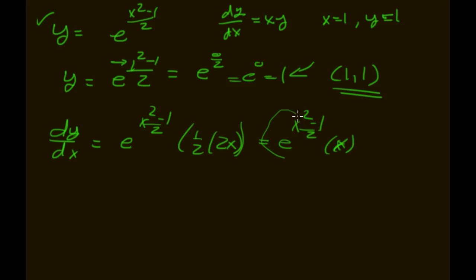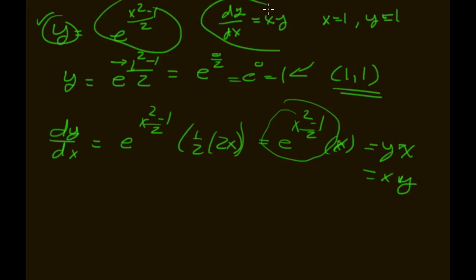But this, if you look, is y. So this is y times x, which happens to be equal to x times y, which is what we want to prove the derivative is equal to. The derivative is equal to x times y. So ultimately, my function solves the differential equation, and it goes through the specific initial value, 1, 1.